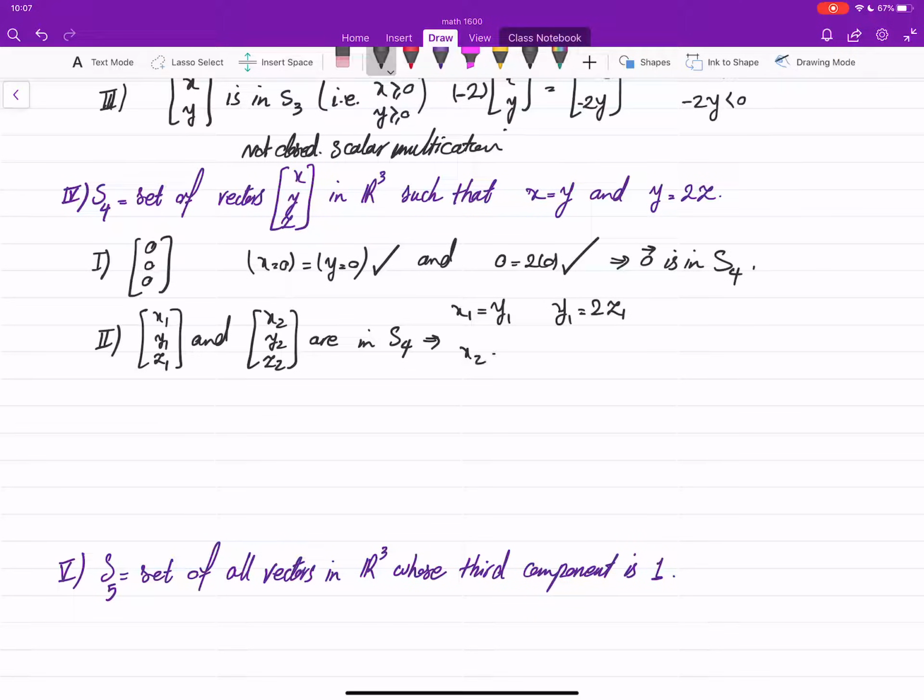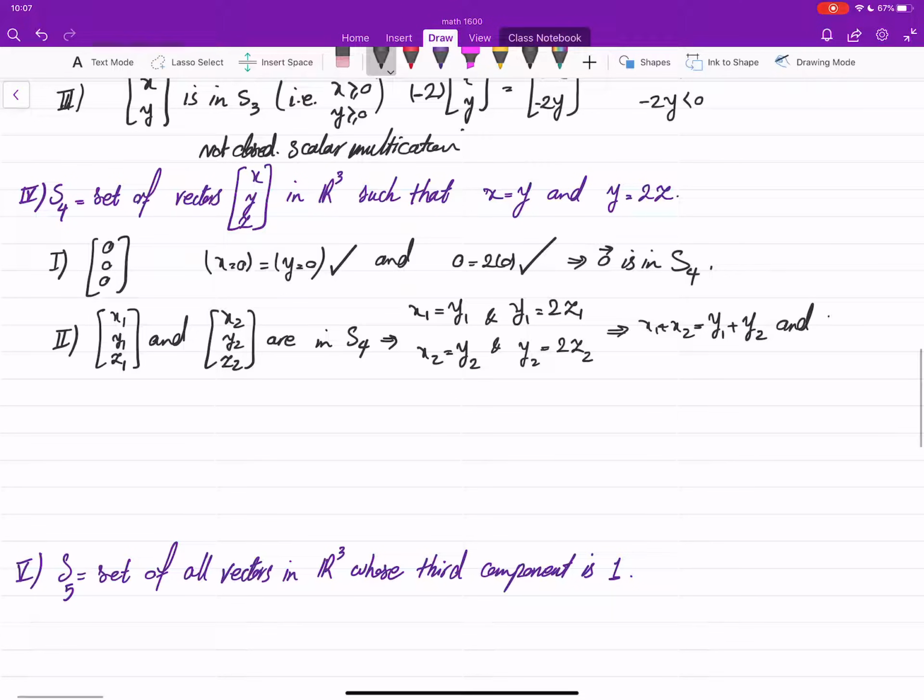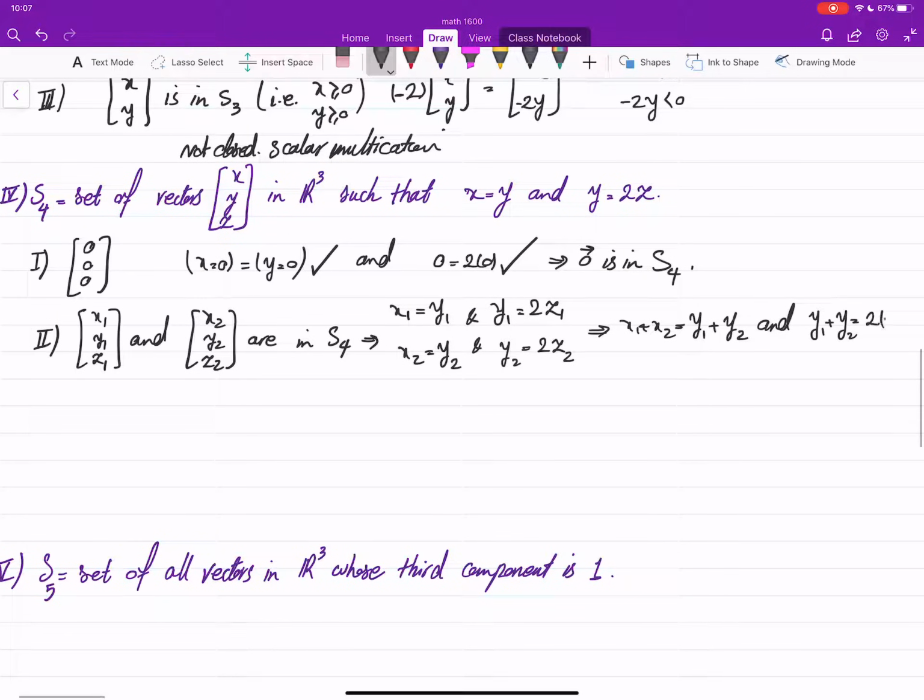Also x2 equals y2, and y2 is equal to 2z2. Now, if you add these equations, you get x1 plus x2 is equal to y1 plus y2, and you see that y1 plus y2 is equal to 2z1 plus 2z2. Factor 2, you get 2 times z1 plus z2.